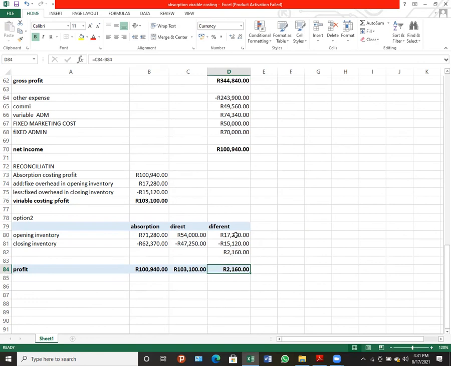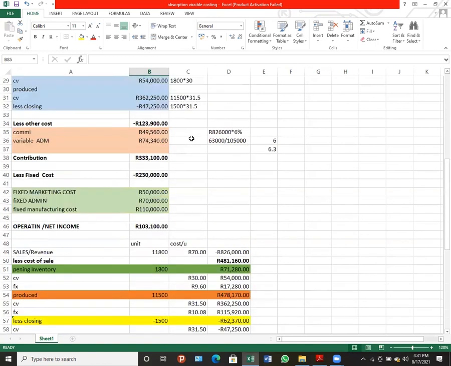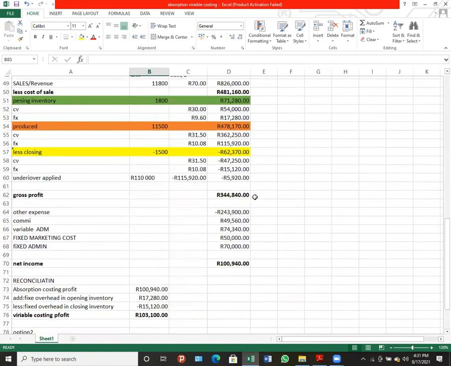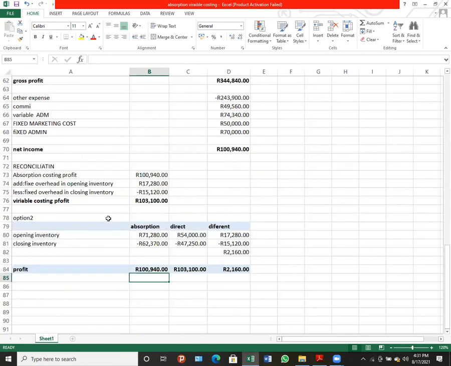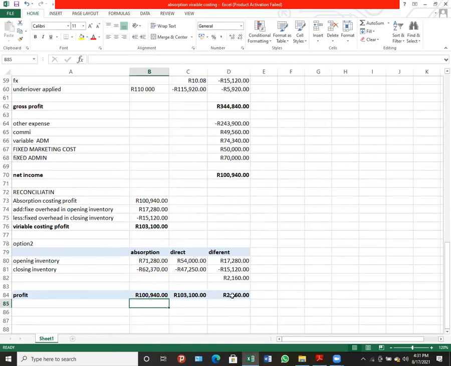If here, guys, I get maybe 316, and here I get 2,160, it means there's something wrong with my direct and absorption statements, which means there's an error I should fix. You see, guys, it corresponds. It matches.